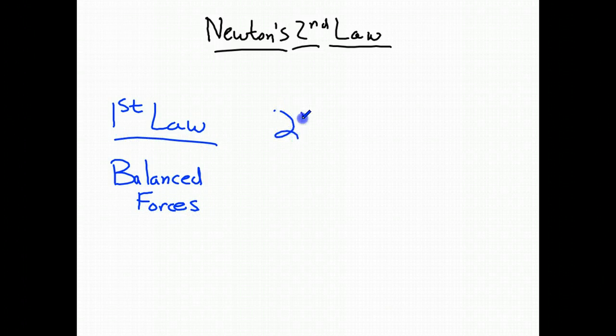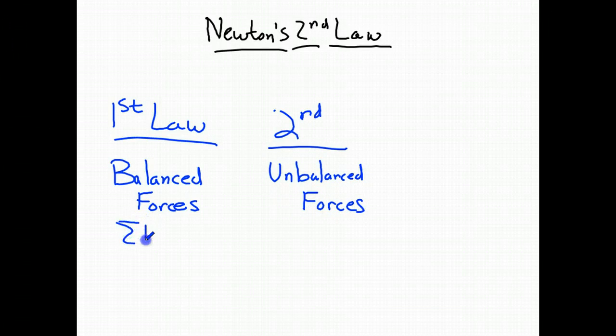The second law, of course, then deals with unbalanced forces. Okay? So we have sum of the forces equaling 0, and then we have the sum of the forces not equaling 0, which means they're unbalanced.